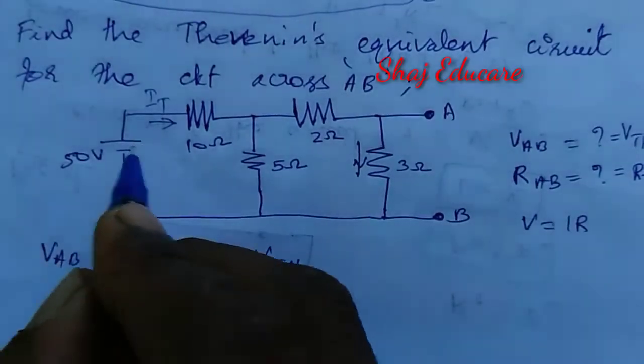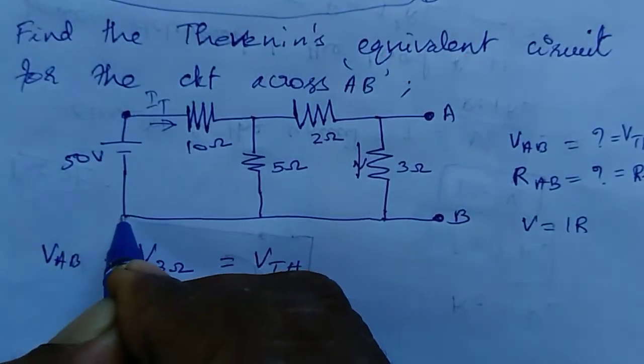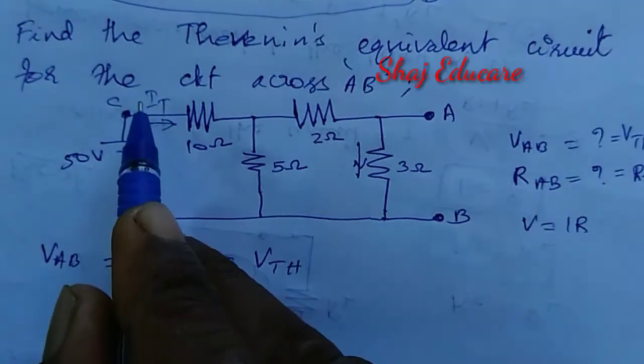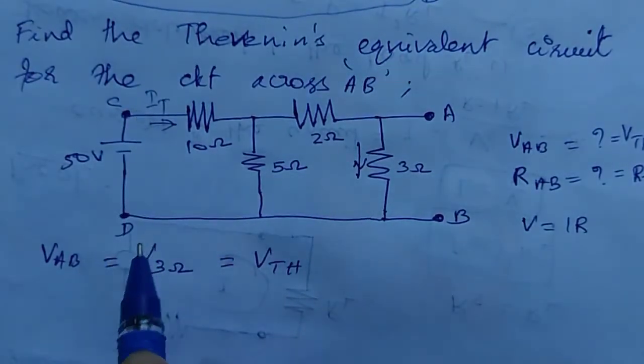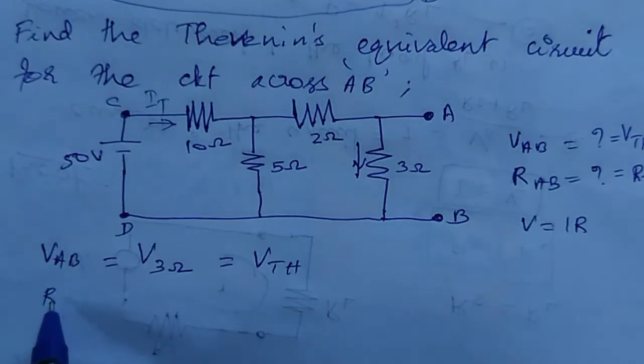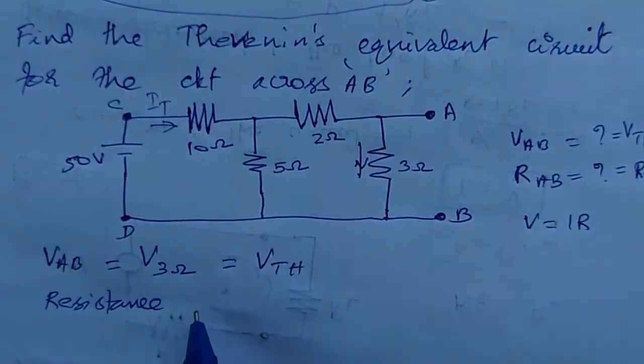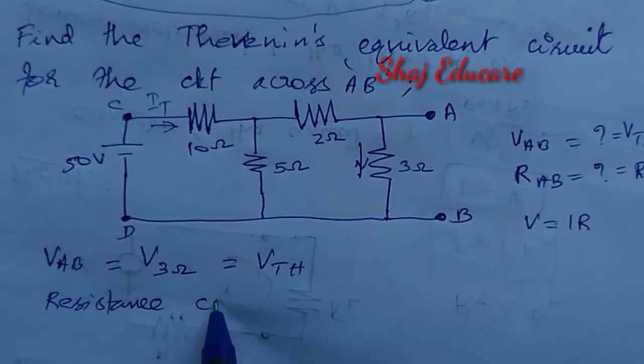For that, let us evaluate the equivalent resistance across points C and D, the total resistance across CD.